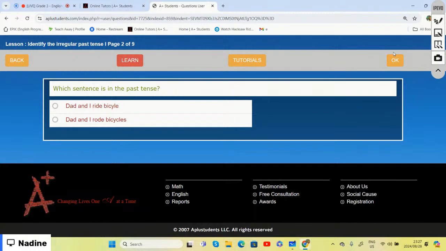So we can say, Dad and I ride bicycle, or Dad and I rode bicycles. Which one is correct? Option one or option two?